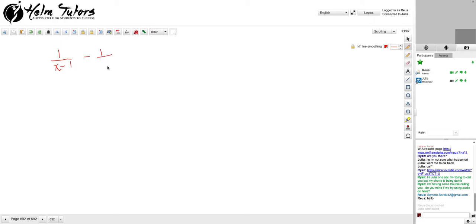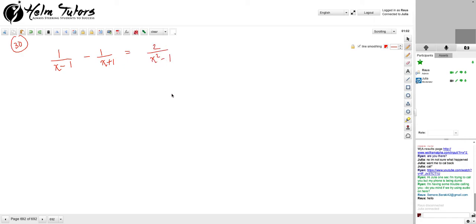So minus 1 over x plus 1 equals, and so this is 30. And I believe the one you wanted to look at was 31. We'll get there, just this one in passing by. So this equals 2 over x squared minus 1.